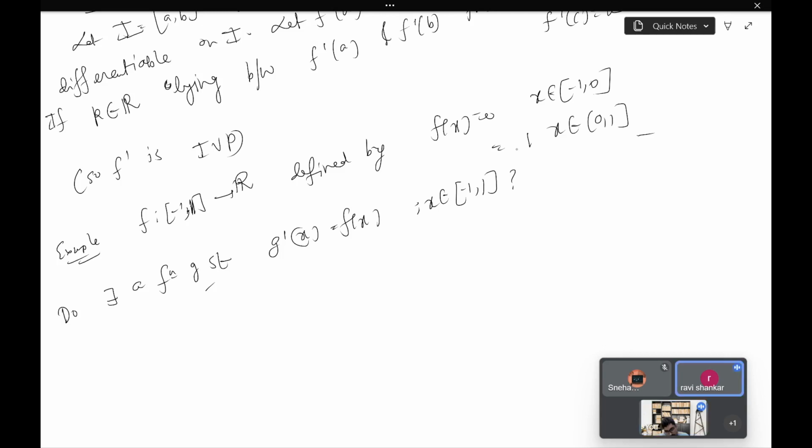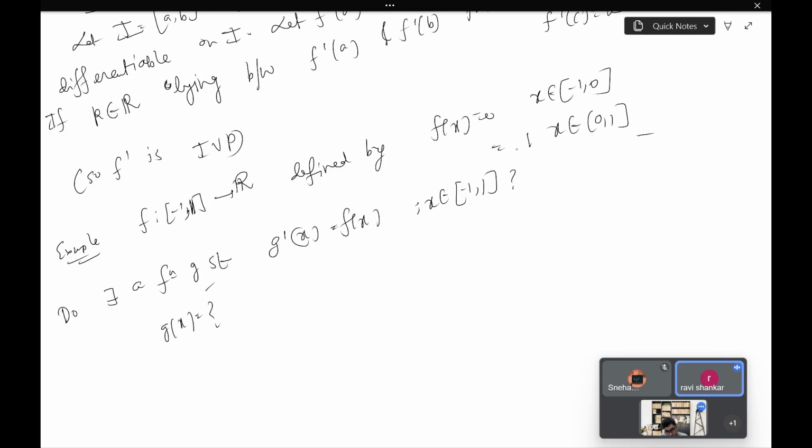Sir, this is true, no? Through the intermediate value, we can say there will exist one c such that g'(c)... So give one such g, where g'(x) equals f(x).